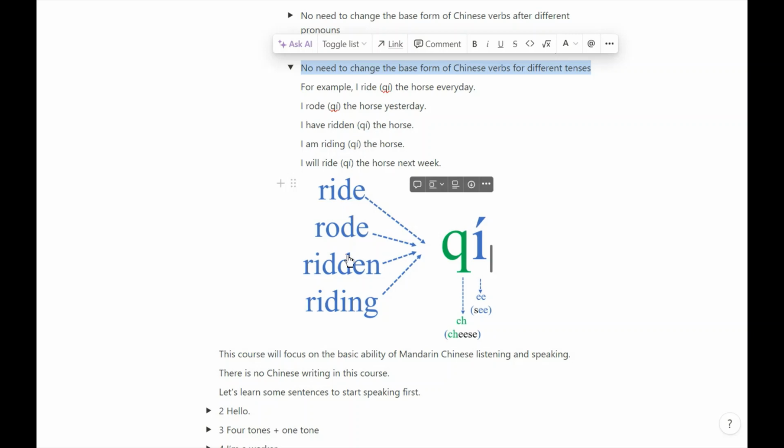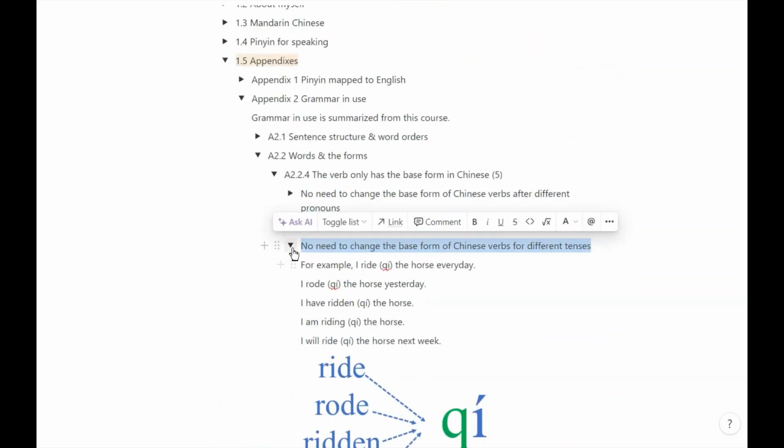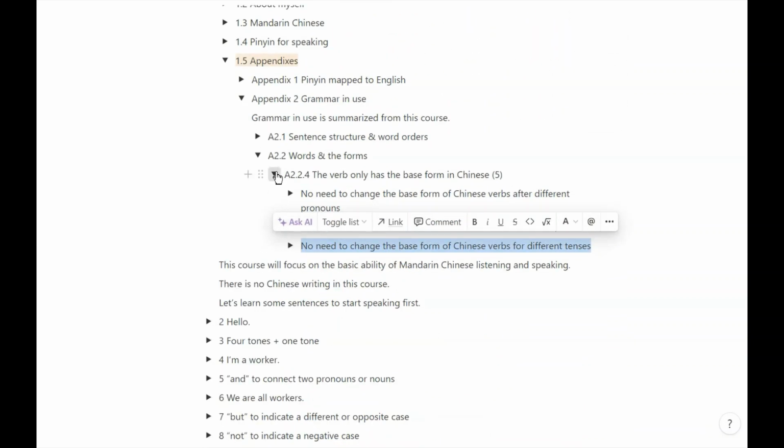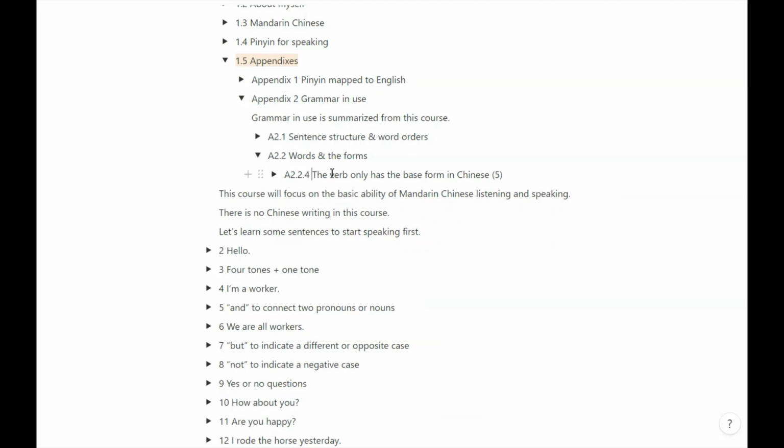For all these different forms of the verb ride in different tenses, like ride, rode, ridden, or riding, all of them will have the same pinyin, that is also qi in Chinese. So all these points will make Chinese learning easier.